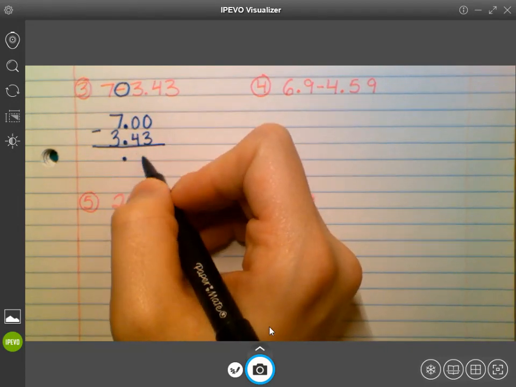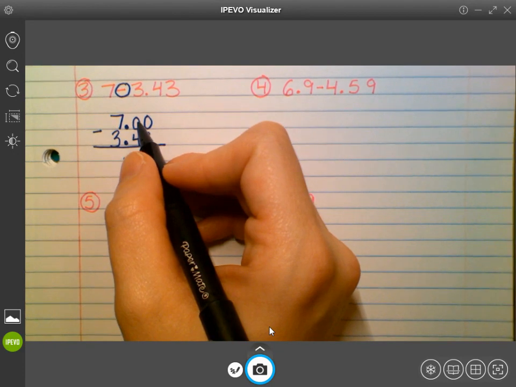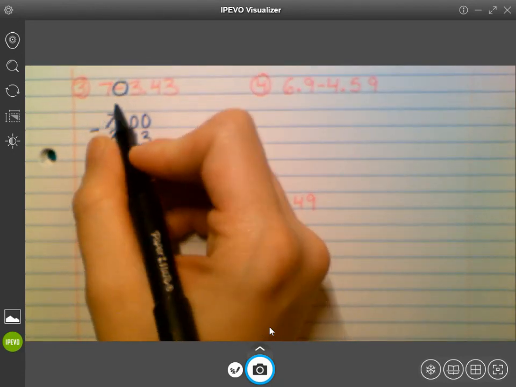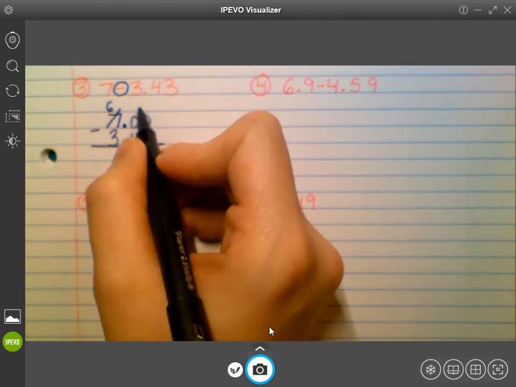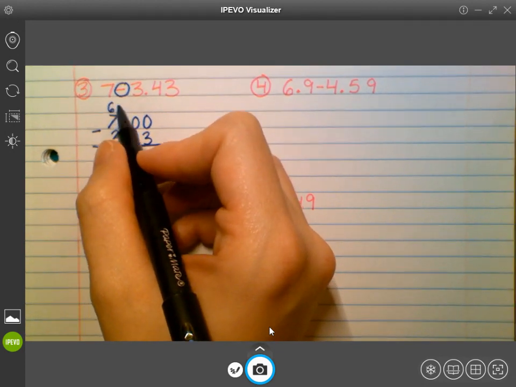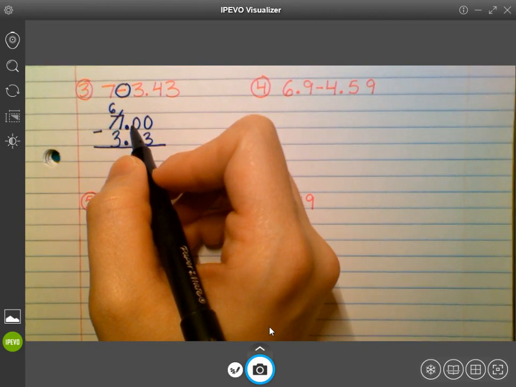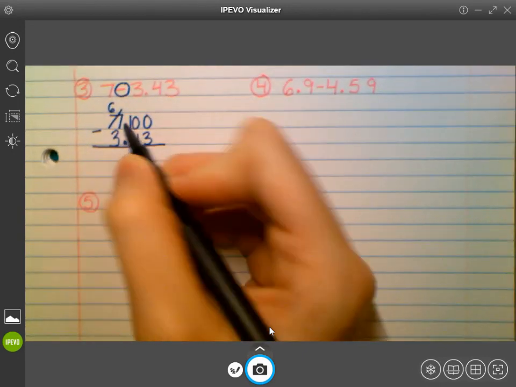Can I do 0 minus 3? No. Can I borrow from this 0? No. I have to go all the way to the 7, borrow from it. The 7 becomes a 6. Now, can I carry that 1 all the way over to this place? No. I need to go directly to the place to the right of it first. So first, I'm bringing that 1 to my tenths place.